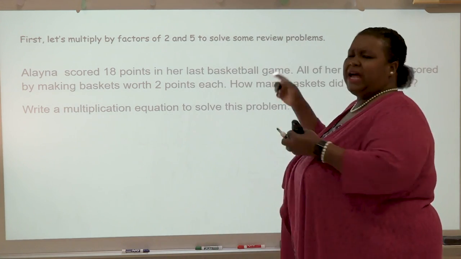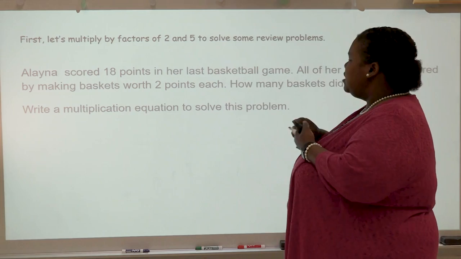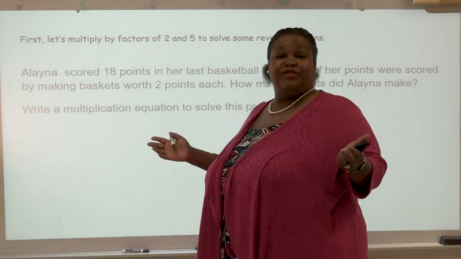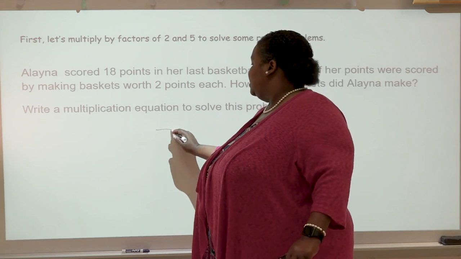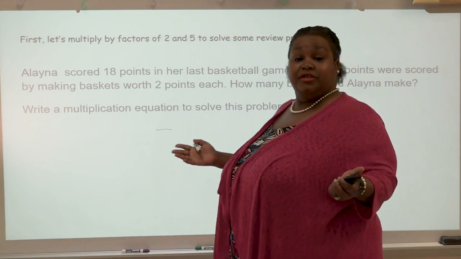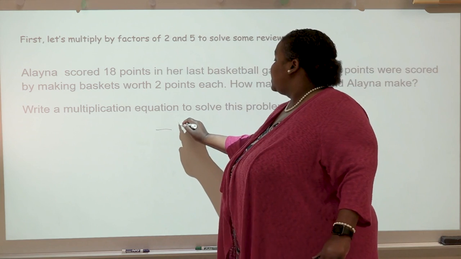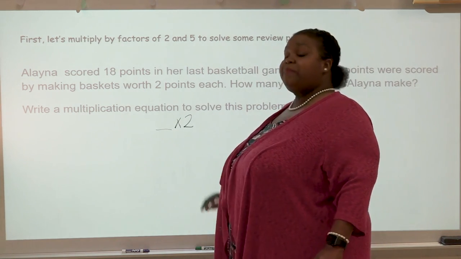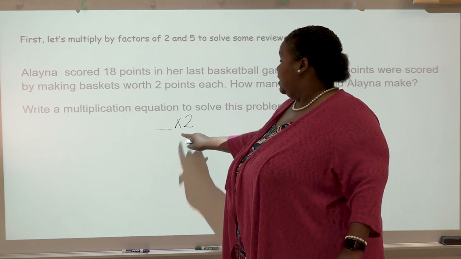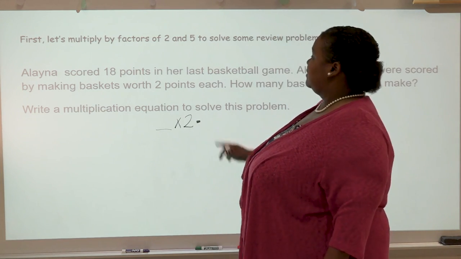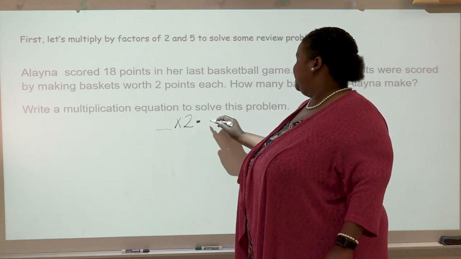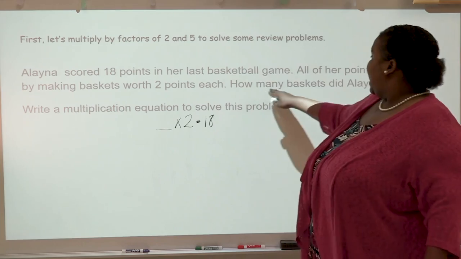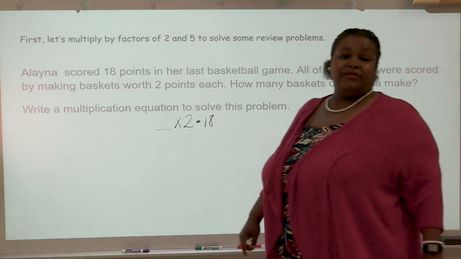I know this is going to have an unknown factor. I know that because I don't know how many baskets she scored. So I'm going to put my blank, because that's for the number of baskets she scored. I know it's times 2. Each basket was worth 2. And I even have my product, which is 18. So I have to decide how many baskets Elena scored.